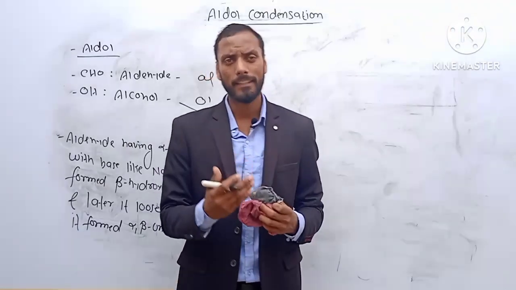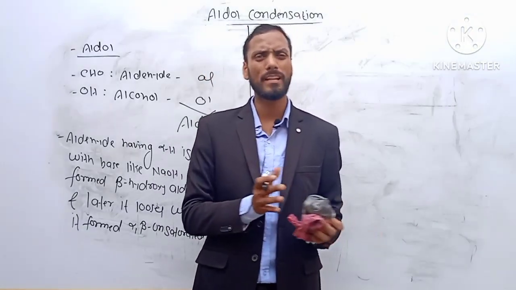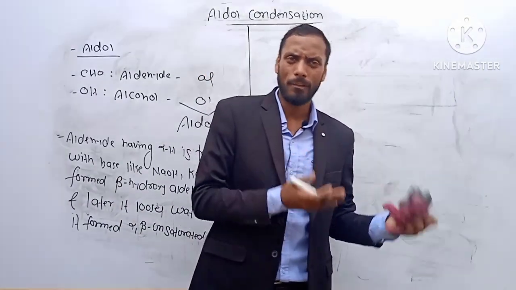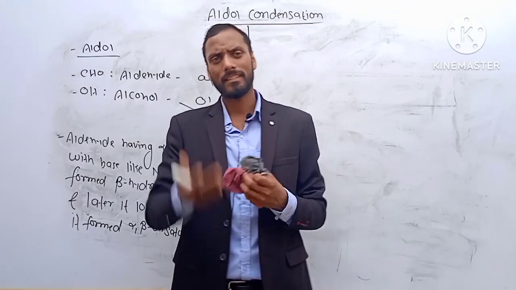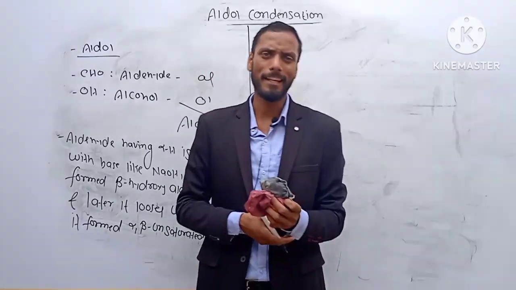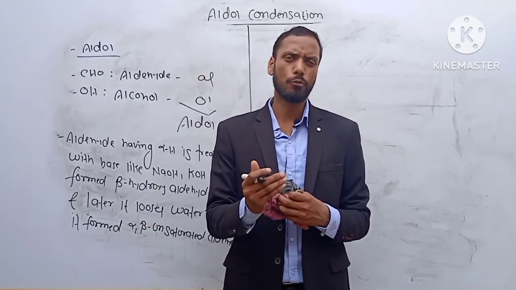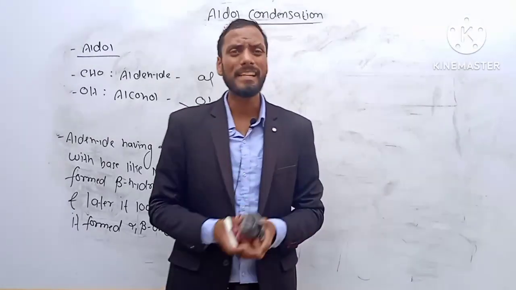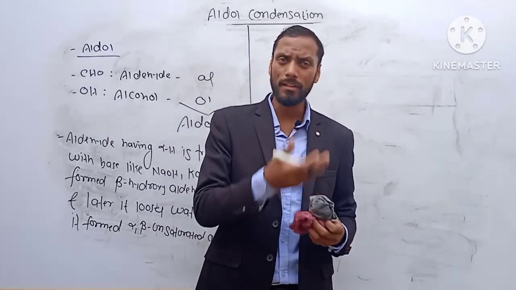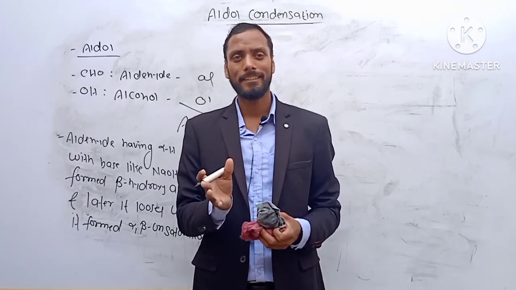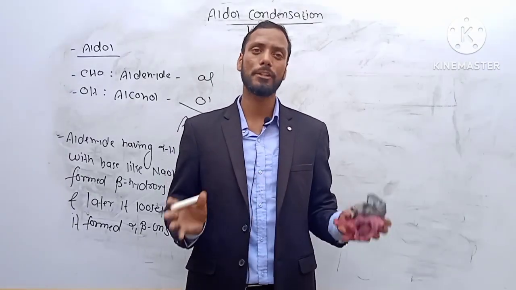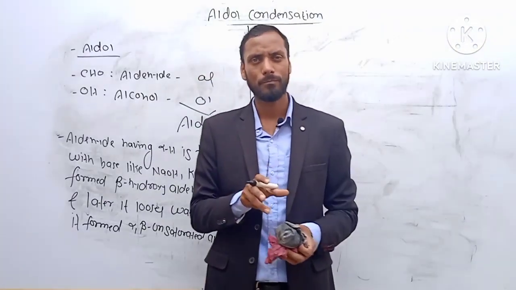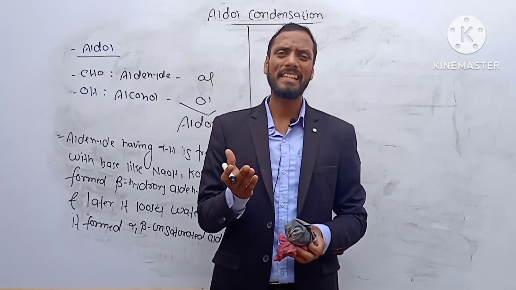Another type is cross aldol, or simply mixed aldol, in which maybe one acetaldehyde and a second one propanal react together, or one aldehyde and another a ketone. Another type is intramolecular aldol condensation, within the molecule, which forms a cyclic ring.